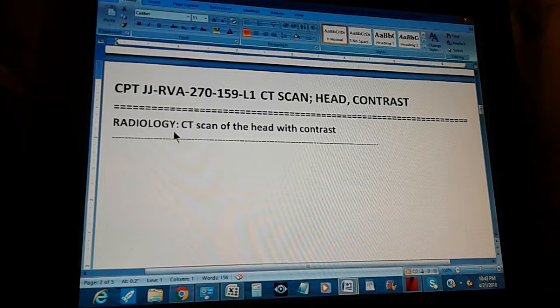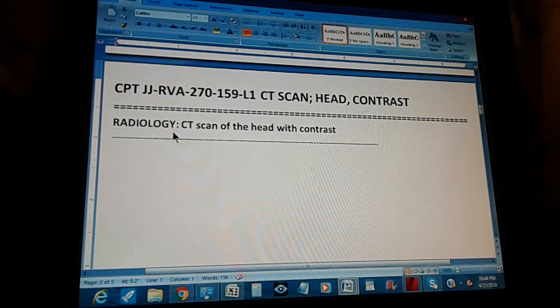Tomography means that the graphs are cut like slices, in this case slices of the brain probably. It's like when you have bread and you cut it in slices. That means tomography, and computer means that it's done by a computer. You're not actually cutting, but they're doing it virtually with a computer. And it's a scan of the head with contrast. Okay, enough of the procedure.